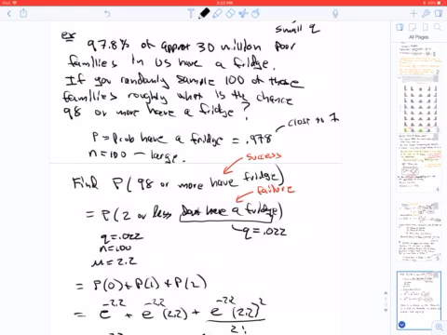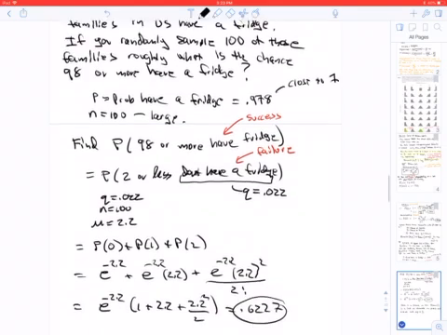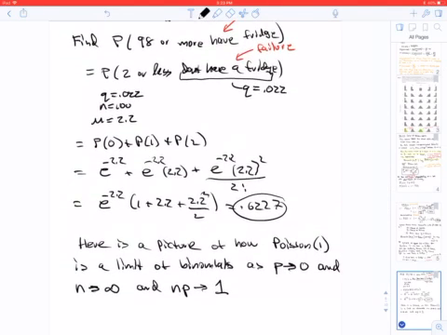We're asked to find the probability that 98 or more have a fridge, but that's equal to the probability that 2 or less don't have a fridge. So not having a fridge is a failure. So Q is 0.022, and we can then approximate our answer.